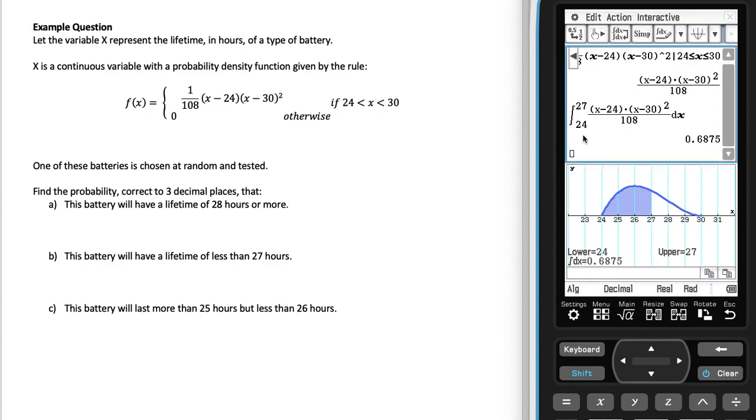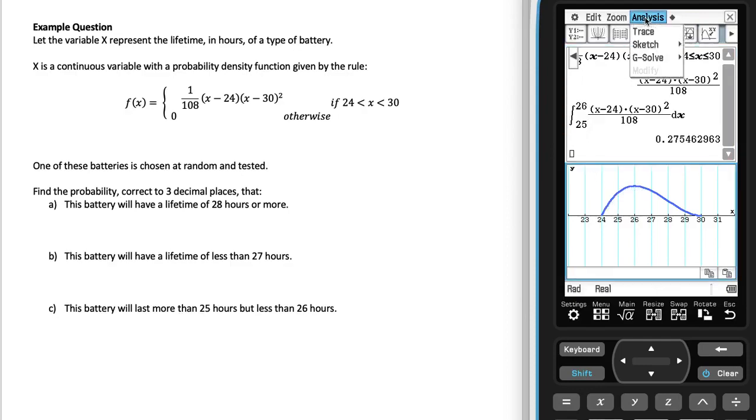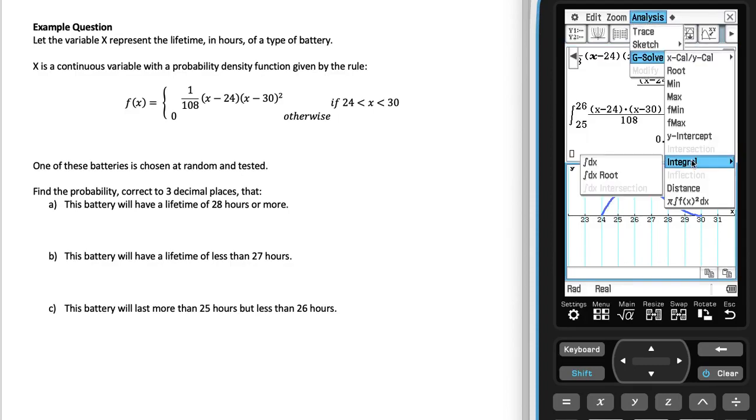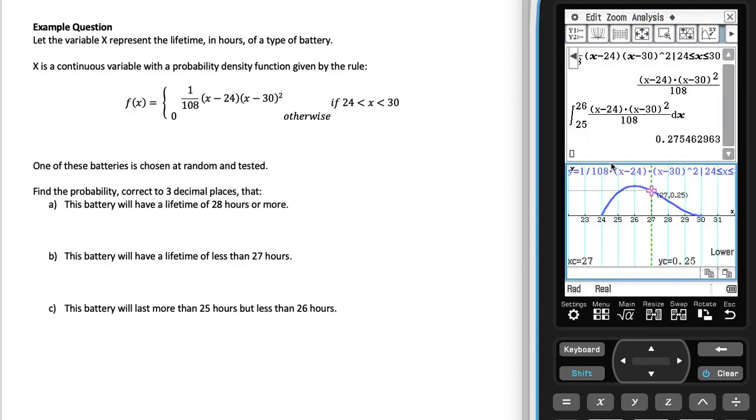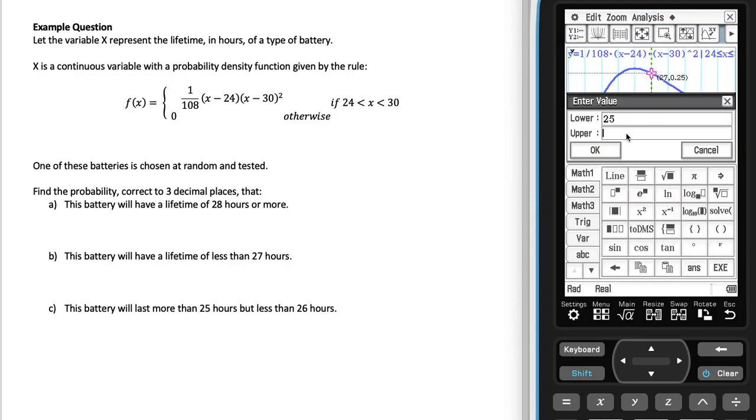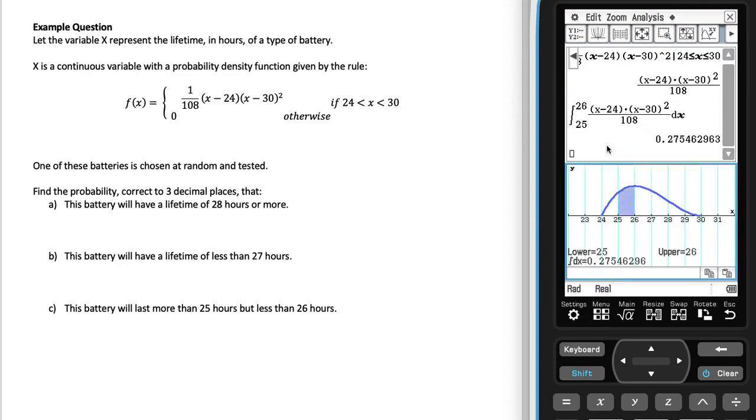So again, you can use the terminals to get that, or you can shade it on the graph. Okay, and that shaded section represents it, and it's 0.275. So about 27.5% of these batteries will last between 25 and 26 hours.